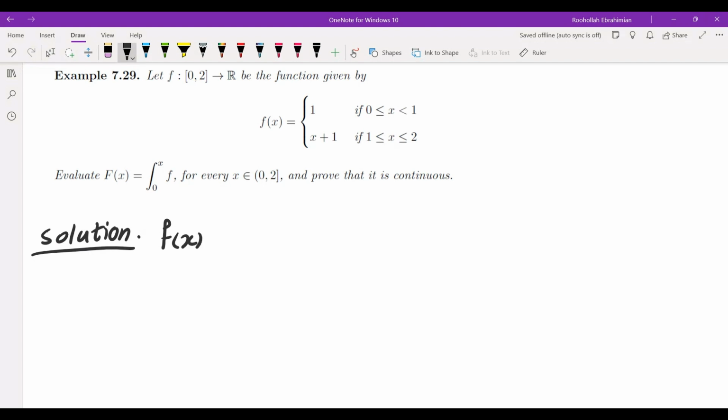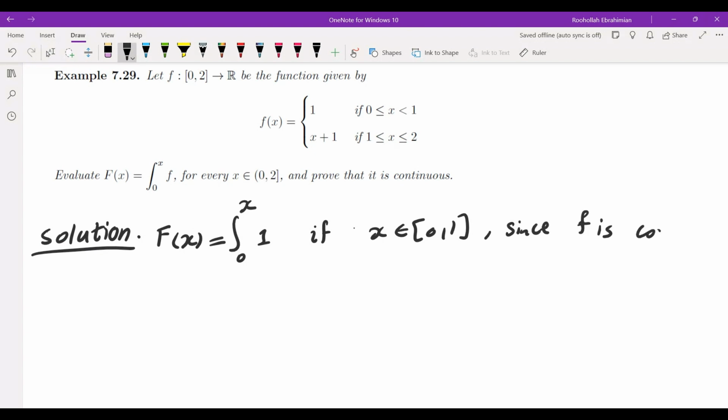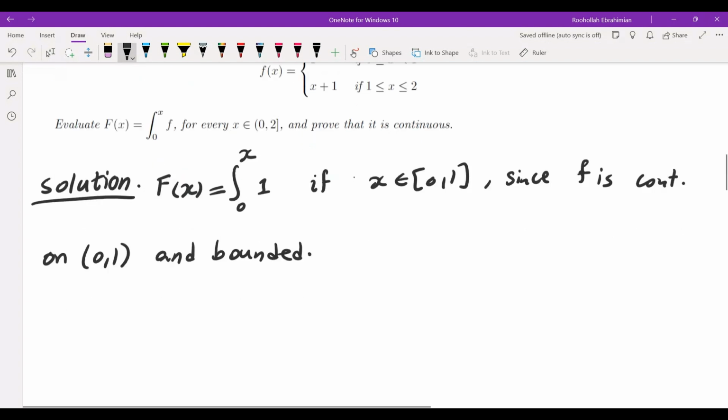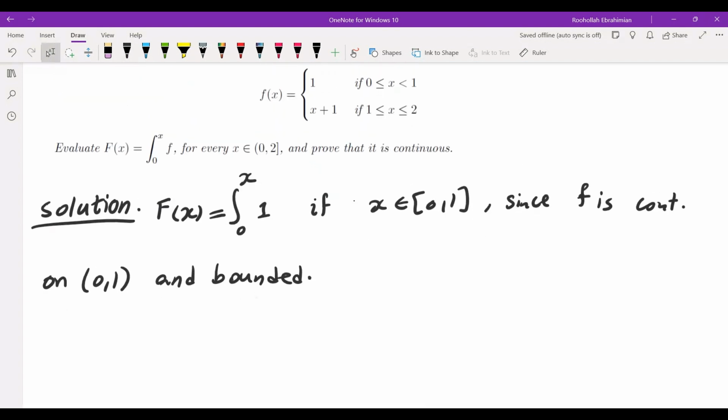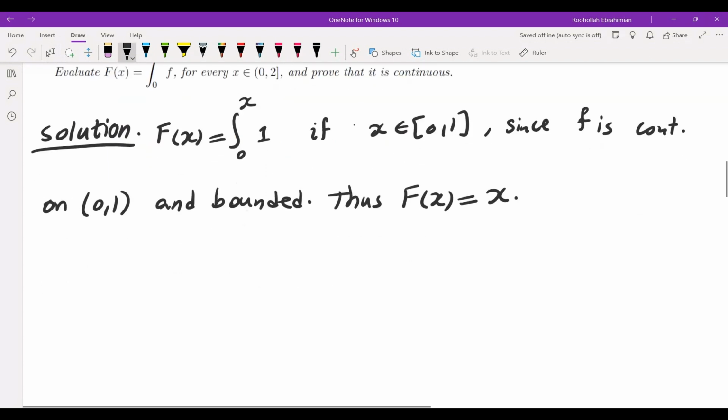So F(x) becomes the integral from 0 to x of 1 if x is from 0 to 1, since f is continuous on [0, 1] and bounded. So by a theorem, the value of the function doesn't depend on the endpoints. And that means F(x) would be just x. We could just evaluate that.